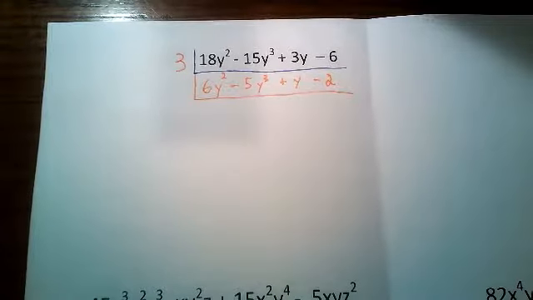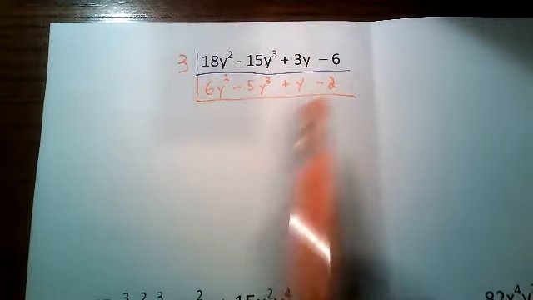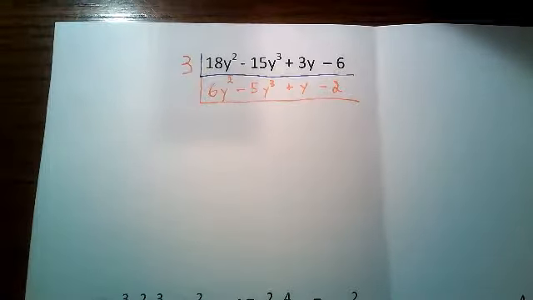And now I want to look for anything else that is a common factor between all 4 terms. Is there any number that can go into all of these other than the 3 we took out? In this case, there isn't. Right, 2, 5, 6, there's nothing in common between those.